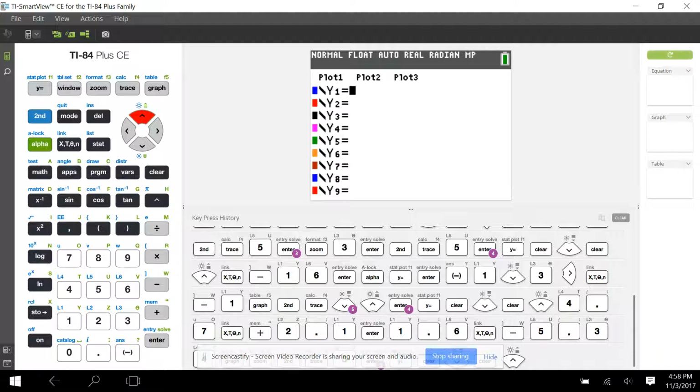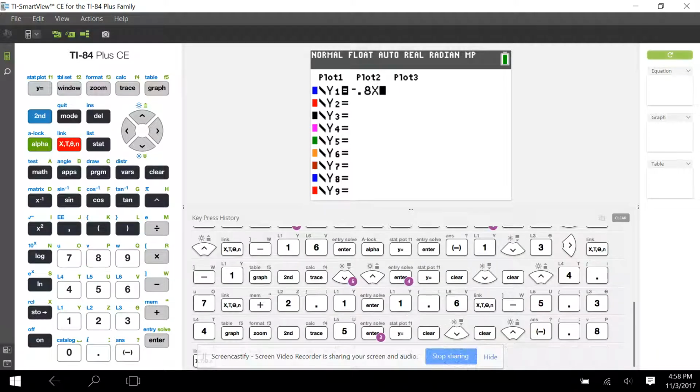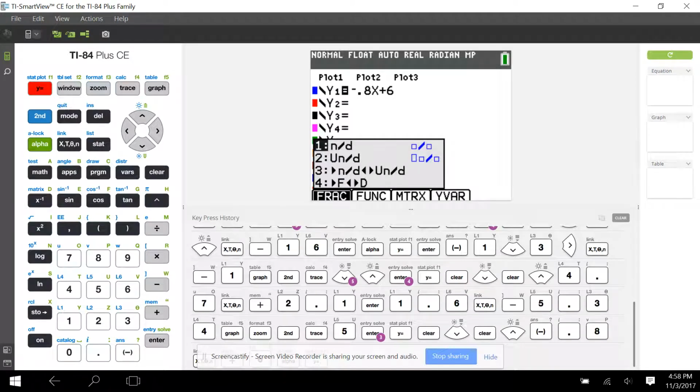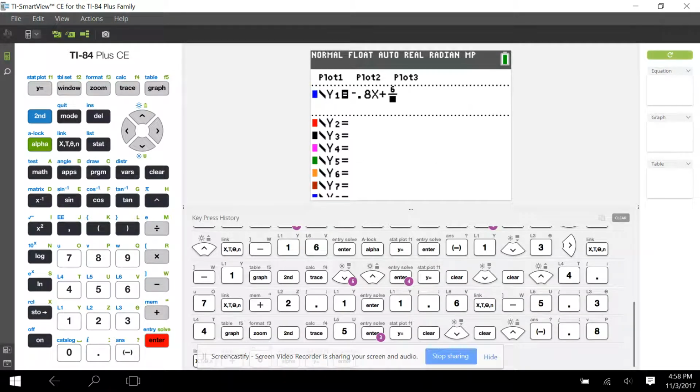Y equals negative 8x plus 6 and 2/3. I'll go back to the beginning and put my 6.